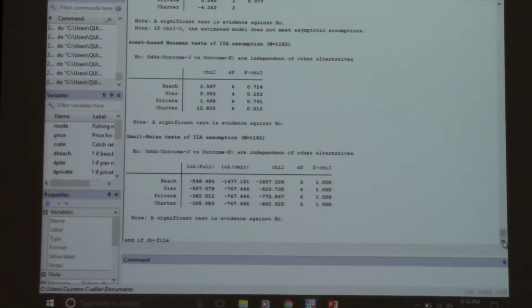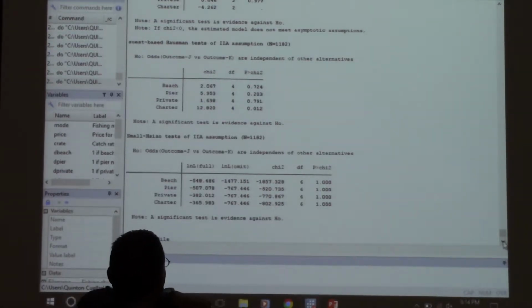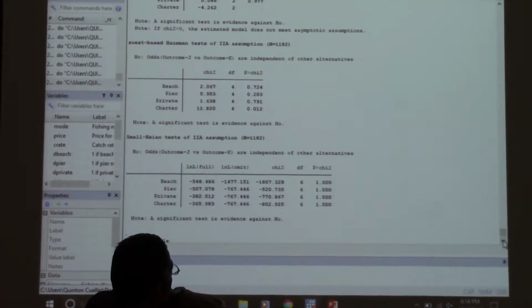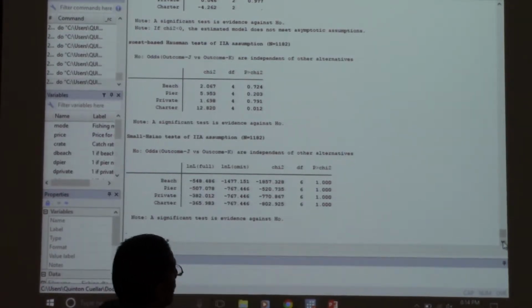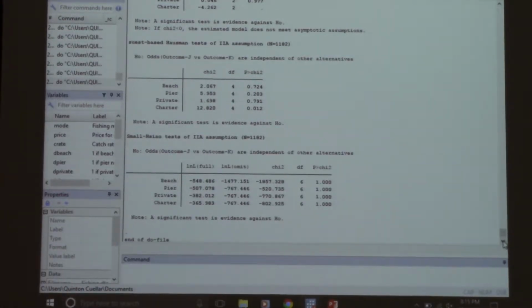And again, we've got negative values here, large p-values of 1. The null hypothesis is again that independence of irrelevant alternatives holds. This appears to tell us that, yeah, you guys are good, you can't reject it.